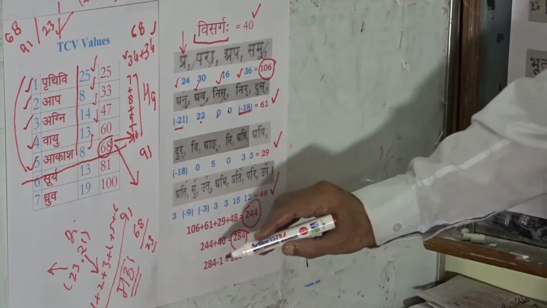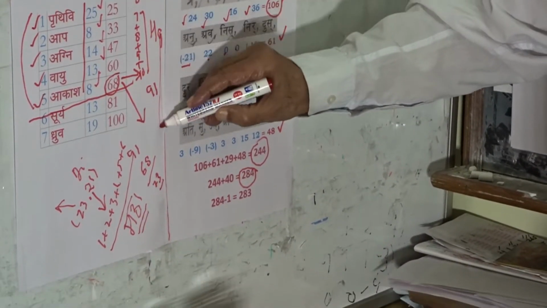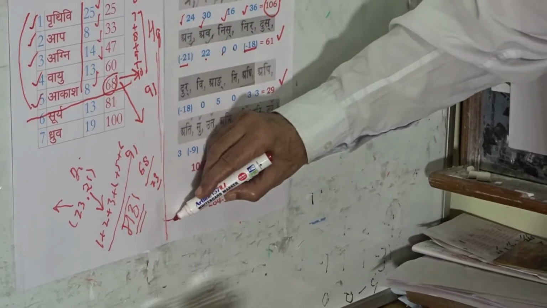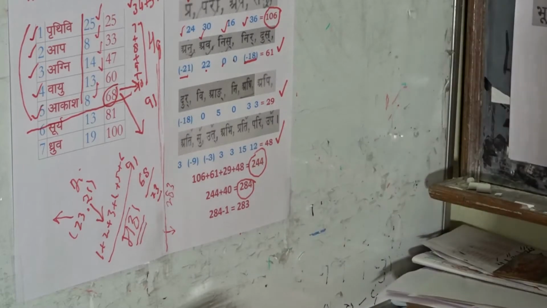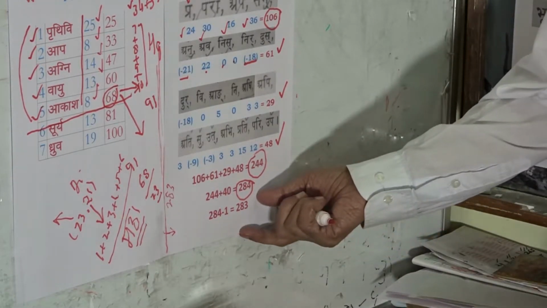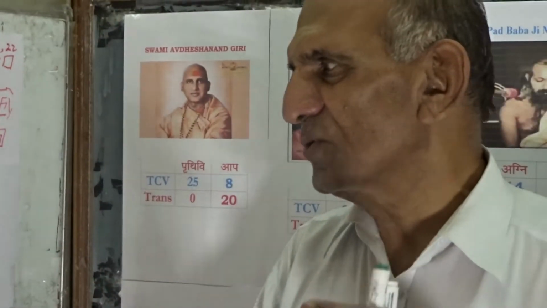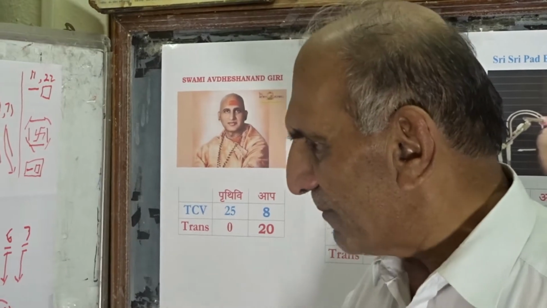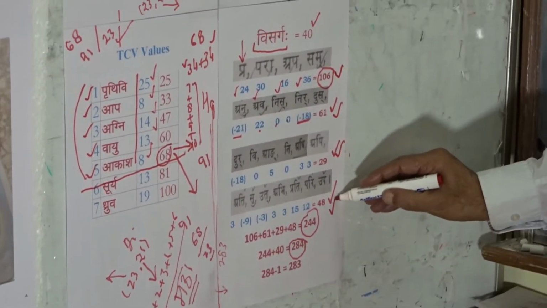As such, we are having a range of flow line of 284 steps, which is having 283 gaps. And it will be blissful to take note that this value is parallel to the value of the total letters of 16 Ganita Sutras. We can appreciate 106, 61, 29 and 48.